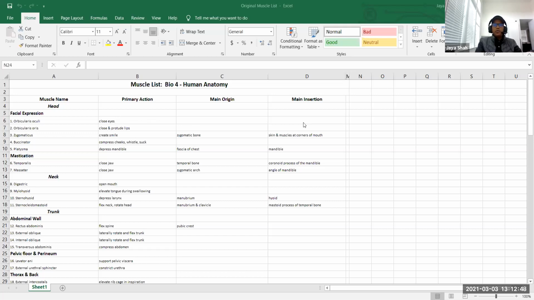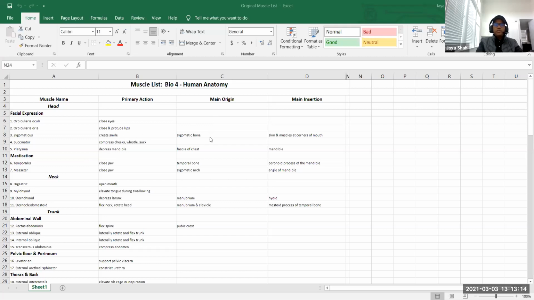No origin, no insertion. That doesn't mean orbicularis has no origin or insertion. It has. Every muscle has origin and insertion. But for us, it is not important. When you come to the zygomaticus muscle, the primary action is it creates a smile.